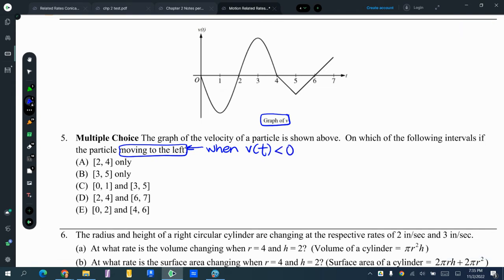Now take a look at what you're given. We are given the velocity graph. So we're looking for where this thing is less than 0, meaning below the x-axis. So that's this region and this region. So look at those time intervals. We're talking from 0 to 2 and from 4 to 6.